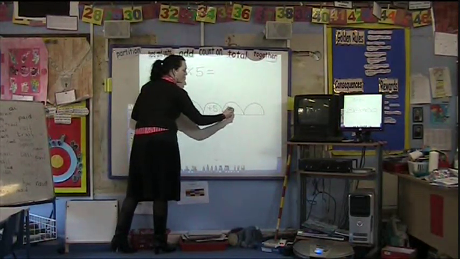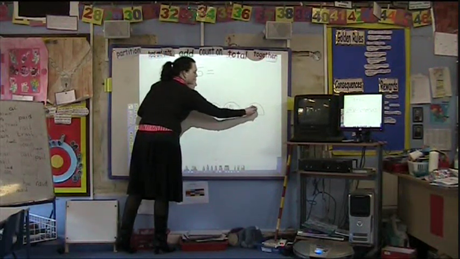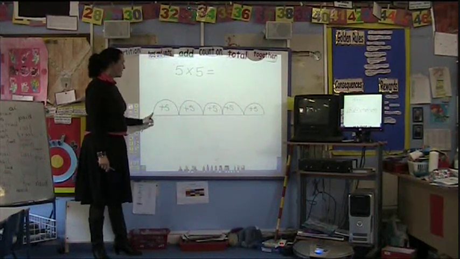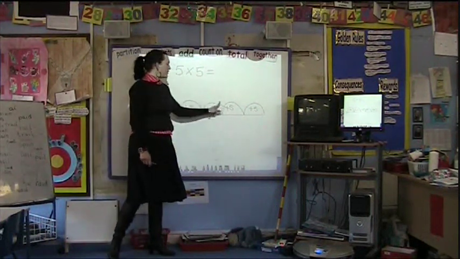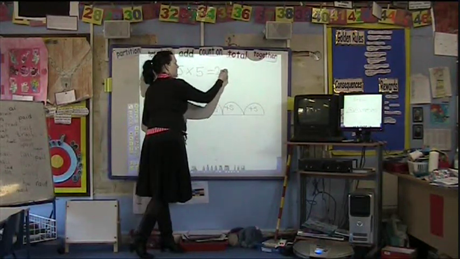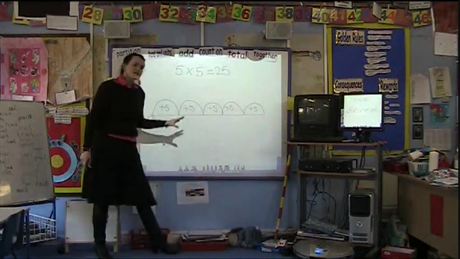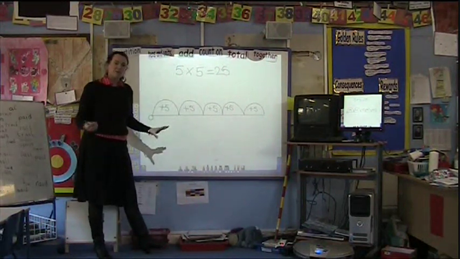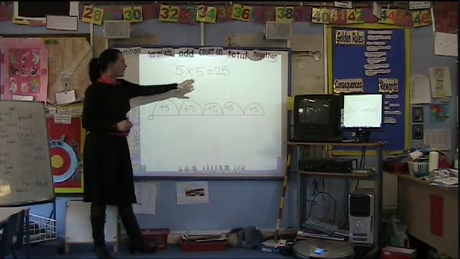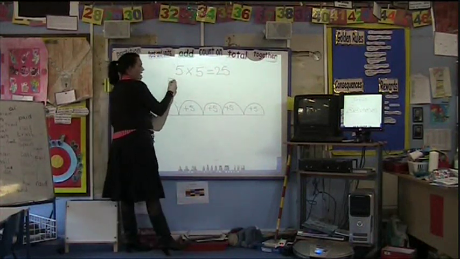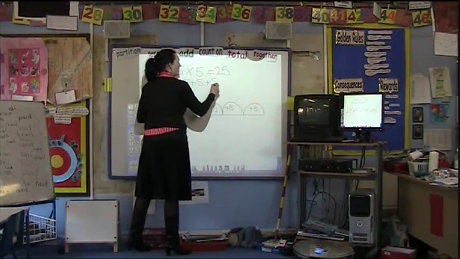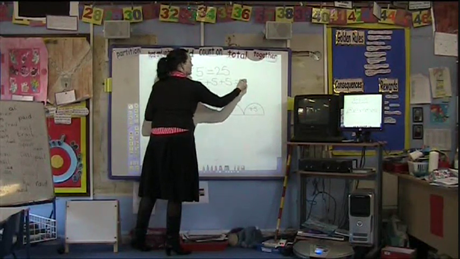So we'll be adding 5 each time. The children can then count the 5s: 5, 10, 15, 20, 25. This is also a great way of teaching multiplication as repeated addition. So the children can see that 5 times 5 is the same as 5, add 5, add 5, add 5, add 5.